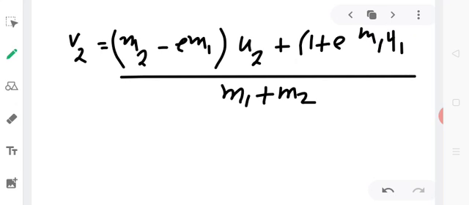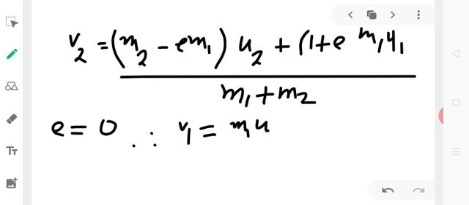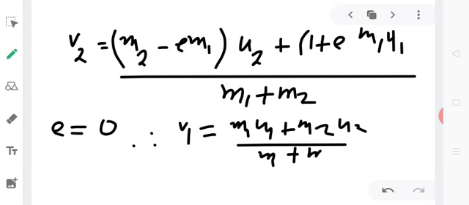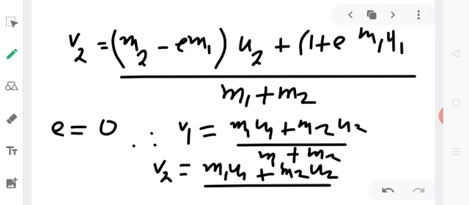So for perfectly inelastic collision, e is equal to 0. Therefore we get v1 equal to (m1 u1 plus m2 u2) divided by (m1 plus m2), and v2 is obtained as (m1 u1 plus m2 u2) by (m1 plus m2).